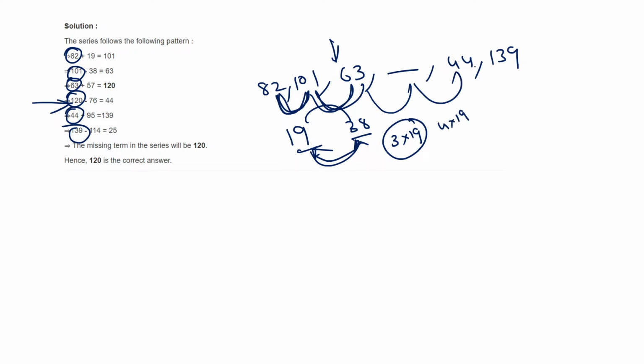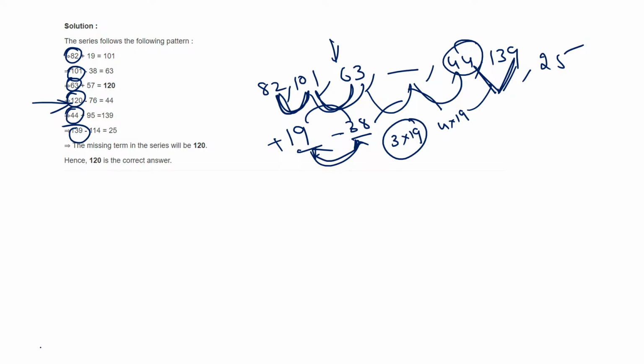But listen, sometimes you are adding, sometimes subtracting. The numbers are increasing and decreasing. First you are adding, then decreasing, then adding, then decreasing, like that. So it is addition, subtraction, addition, subtraction.